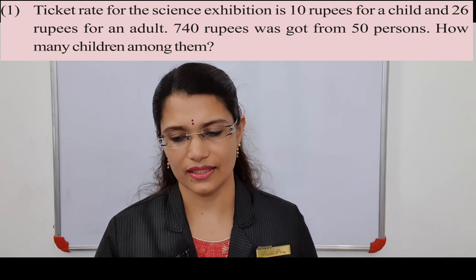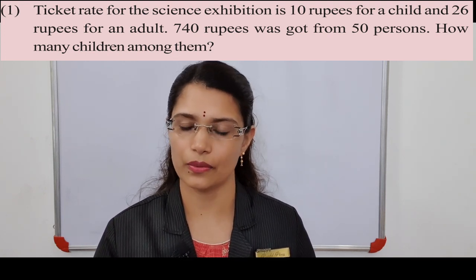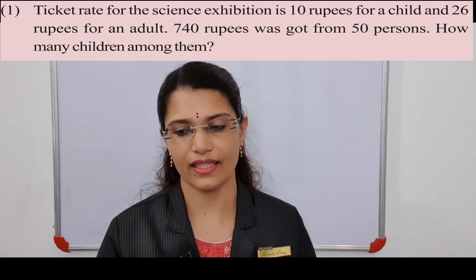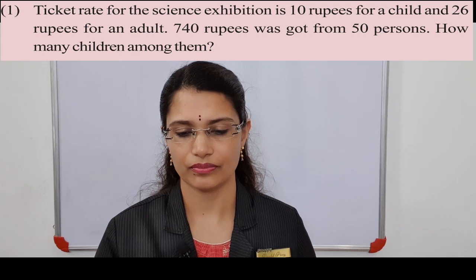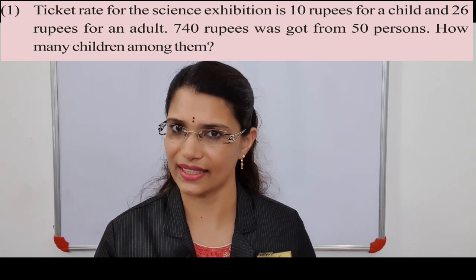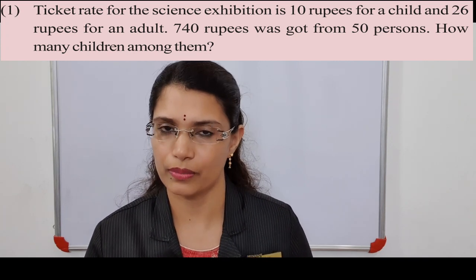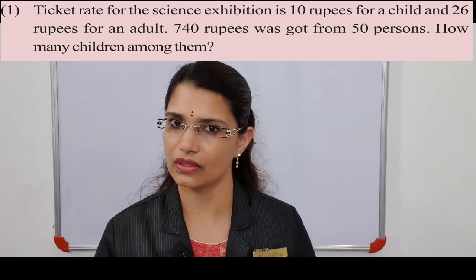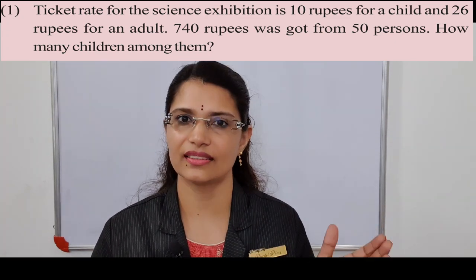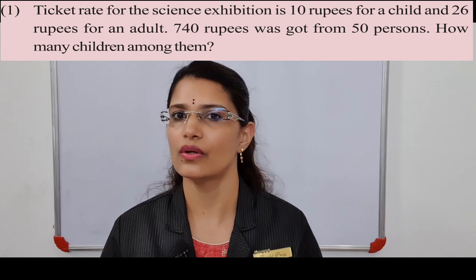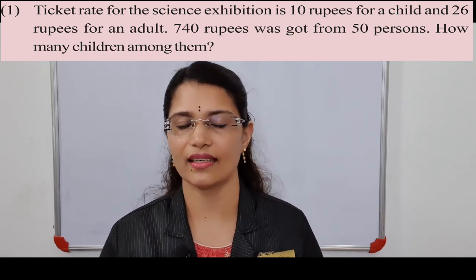For one child, the ticket rate is 10 rupees and for one adult, it is 26 rupees. The total amount they collected is 740 rupees, and the total number of persons is equal to 50. So, number of children plus number of adults is equal to 50, right? The question is how many children among them.